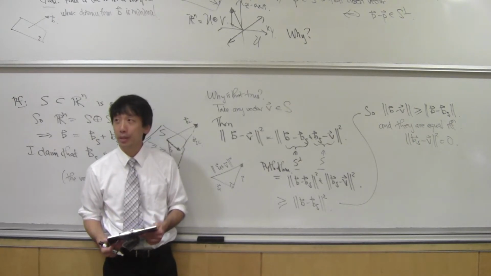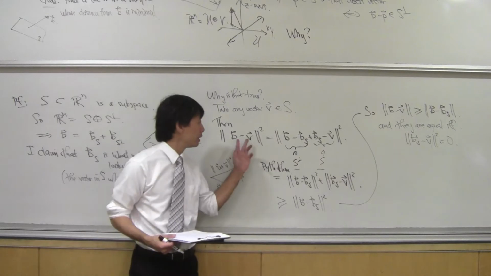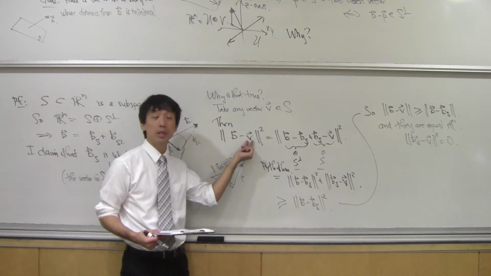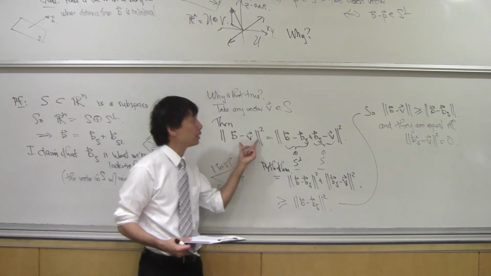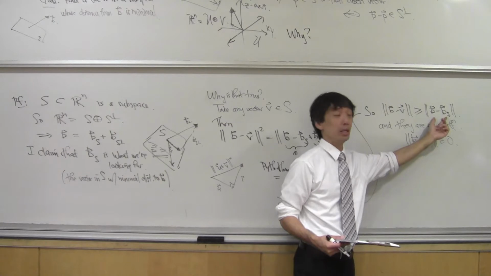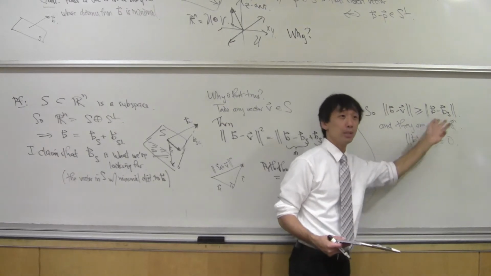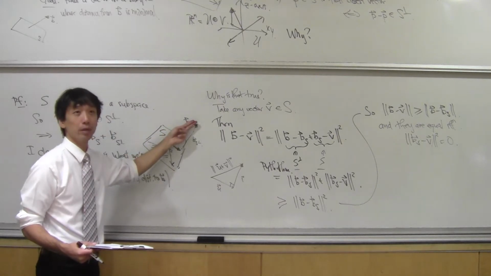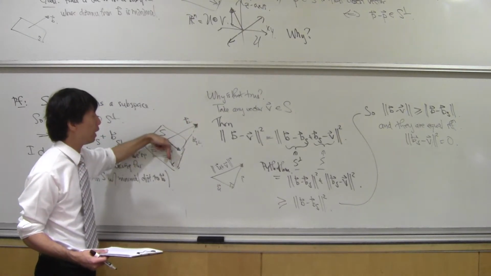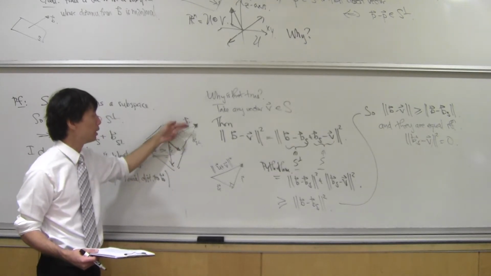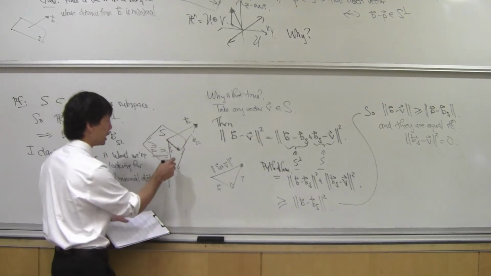Let me say it in English. If you take any vector in S, its distance to B is bigger than the distance of BS to B. In other words, BS is the closest guy in S to B. Because if we take anybody else, the distance is bigger than or equal to this distance.